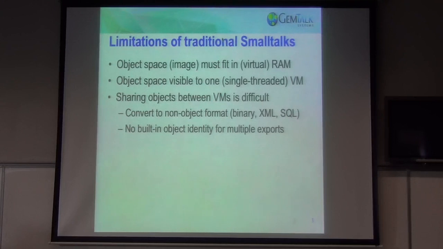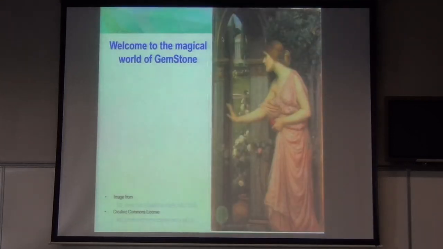You can file things out in different formats and then file them back in, but when they come back in, they may or may not have the same object identity. And when the VM exits, unless you save your image, you will lose the state for the objects.